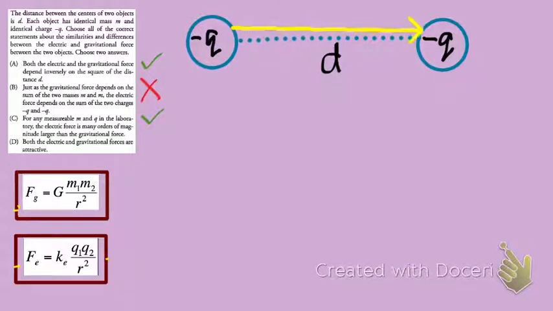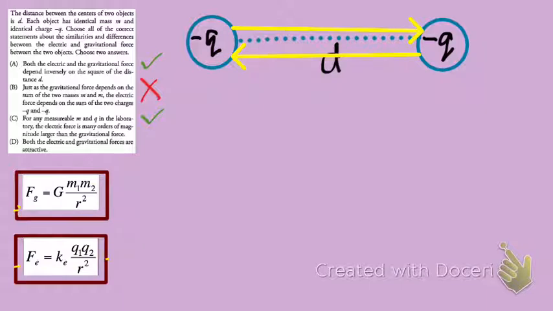So we know that gravitational force is always attractive. But for charges, the force isn't always attractive. It depends on whether the charges Q are positive or negative.